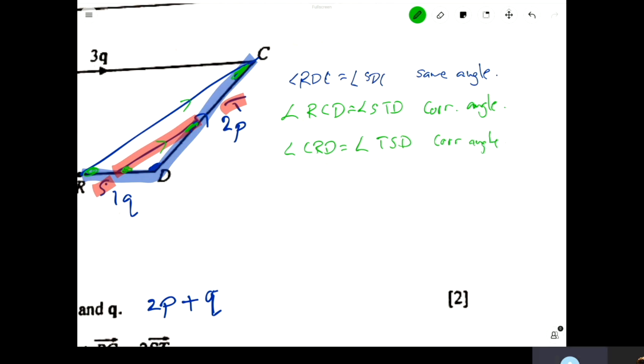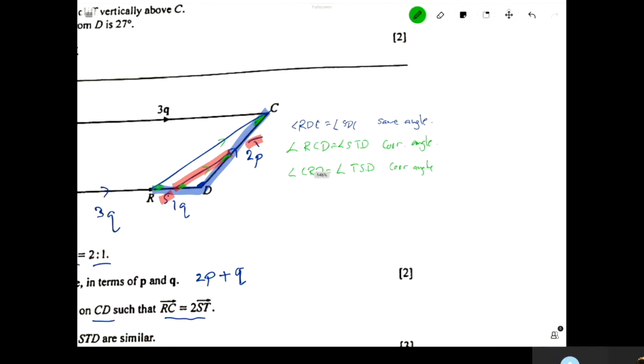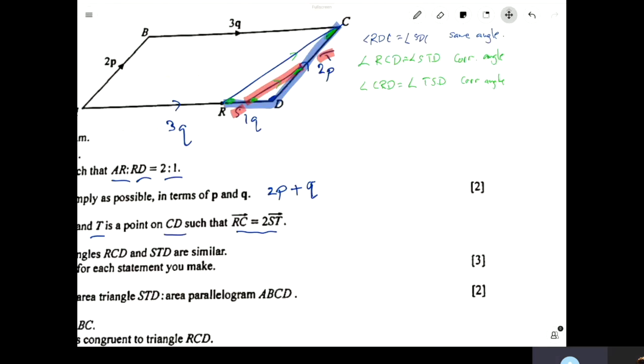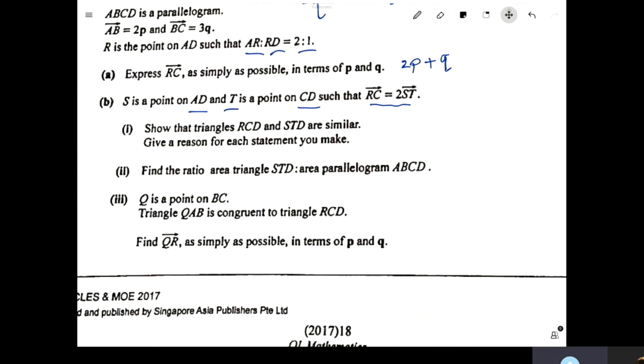It's a corresponding angle, or you can say that because the first two angles are the same, the third one must be the same as well. Next one. So done. So this one is done. Find the ratio. Okay, so this one settled already.